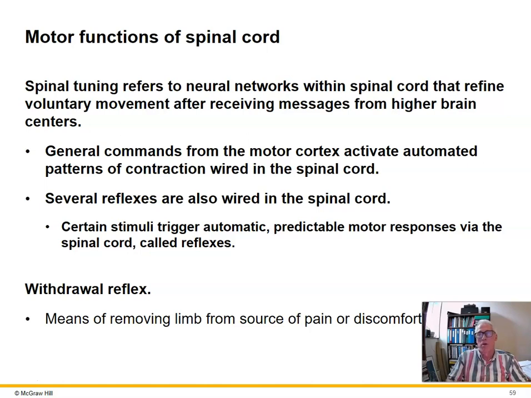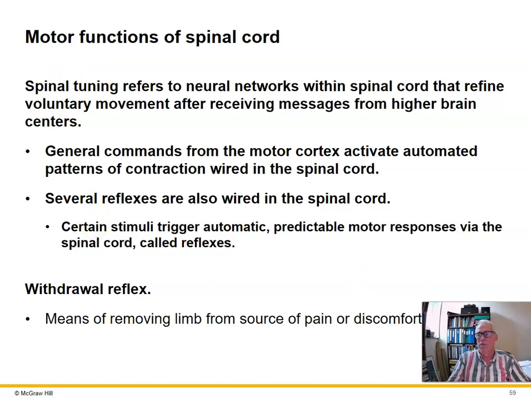Some of the patterns of muscle contraction, series of muscle contractions, are already wired into the spinal cord neurons so that a more general command can be sent from above, from the motor cortex, which will then produce a whole bunch of responses in the body as desired. So it just frees up the motor cortex from having to plan out every single impulse that comes to a skeletal muscle, and some of it is automated in the spinal cord. That's called spinal tuning.